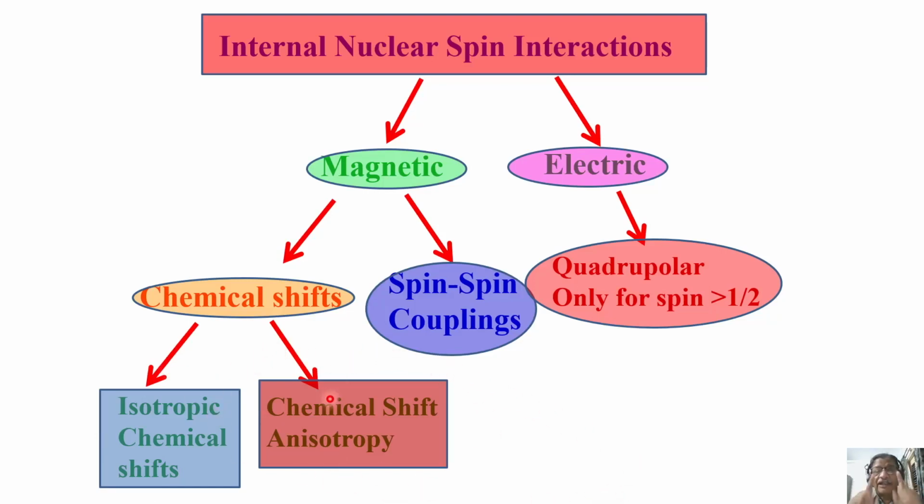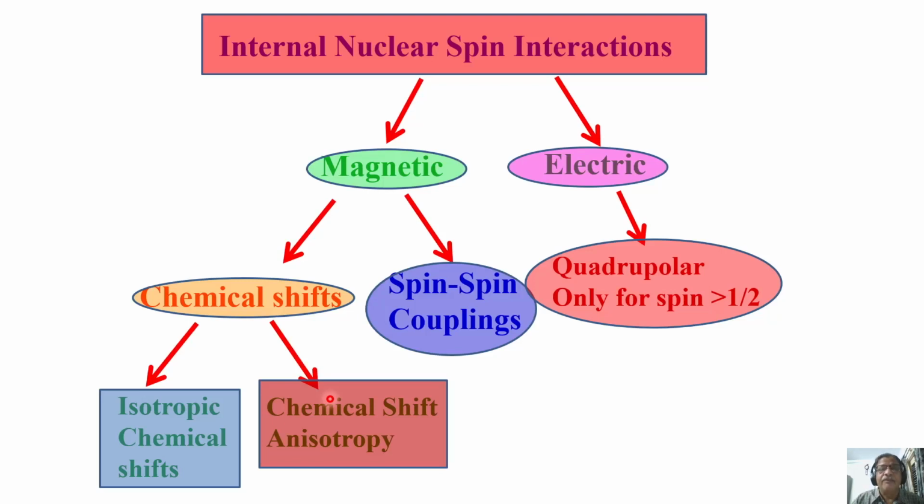That means the chemical shift has 2 parts. One is an isotropic part, the other is an anisotropic part. You understand? Remember, all parameters in NMR can be expressed as tensors. We can define them as tensors with a 3 by 3 matrix having 9 elements.